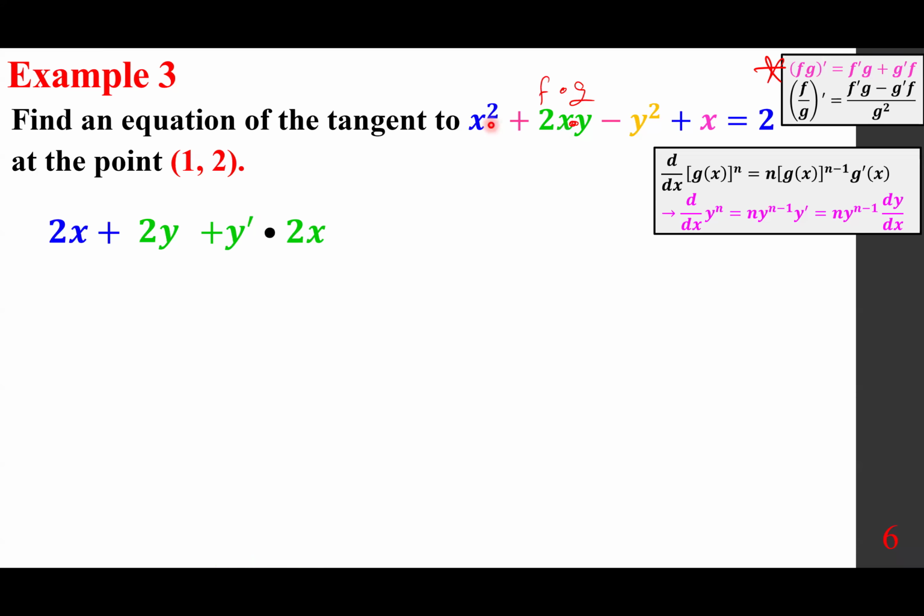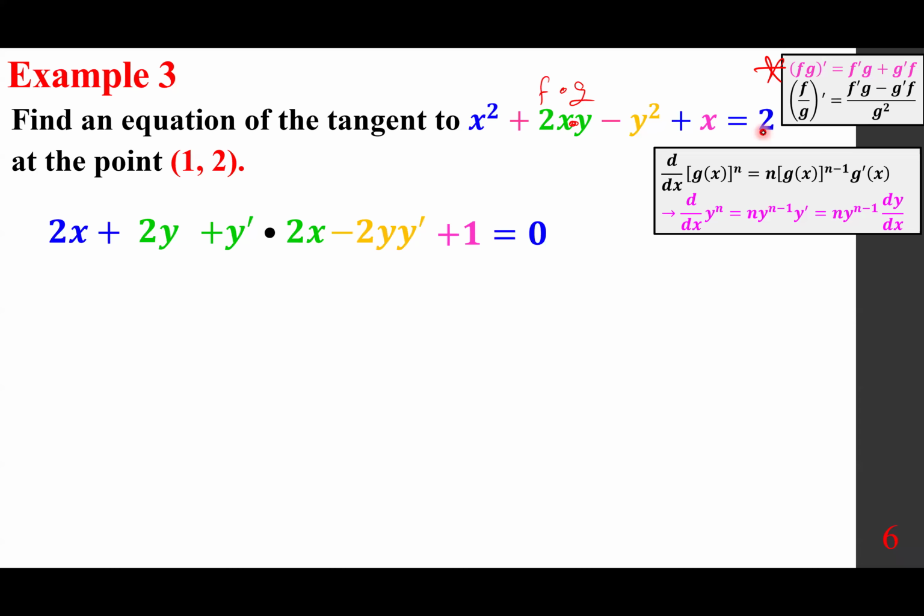So this f g, 2xy, results in f prime g plus g prime f. Minus y squared, minus 2y y prime, plus x, plus 1. The derivative of 2, any number, is 0. And again, this is the extent of the calculus, believe it or not, and the rest is not.